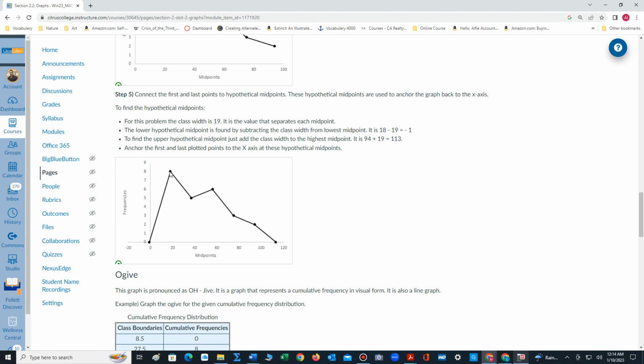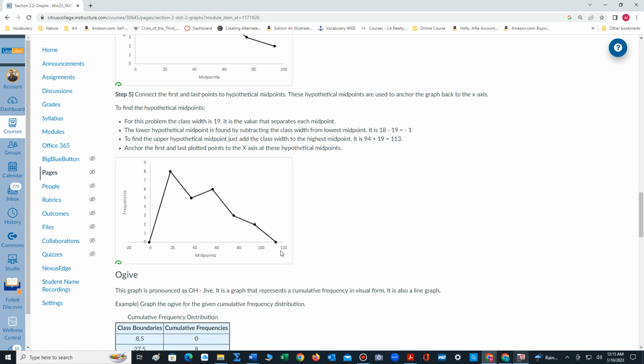So we anchor the first point to -1 on the x-axis. Now to get the other point on the x-axis, we take the highest midpoint, 94, add 19 to get 113, and then connect this last point to the x-axis at 113.